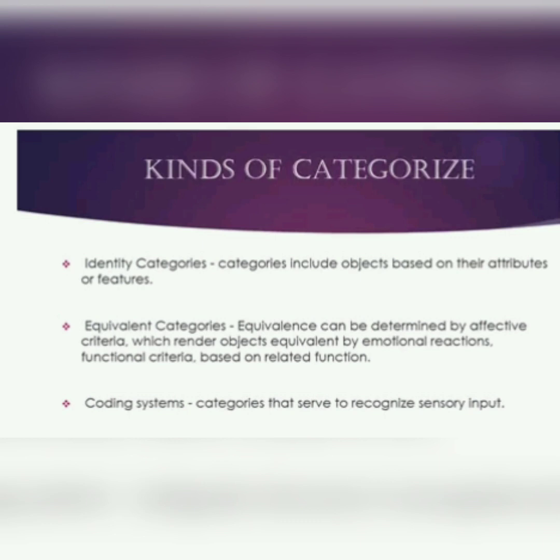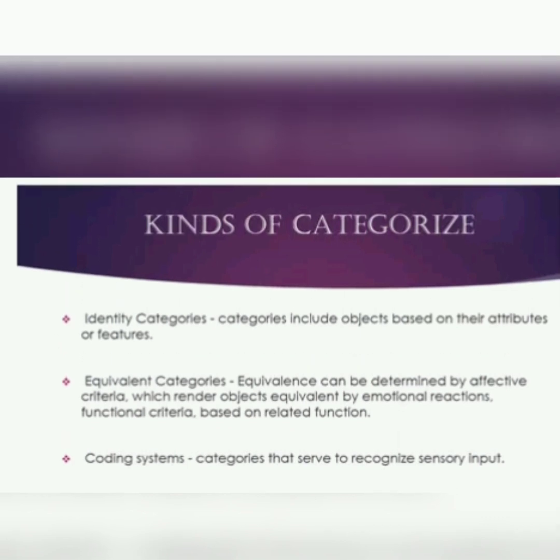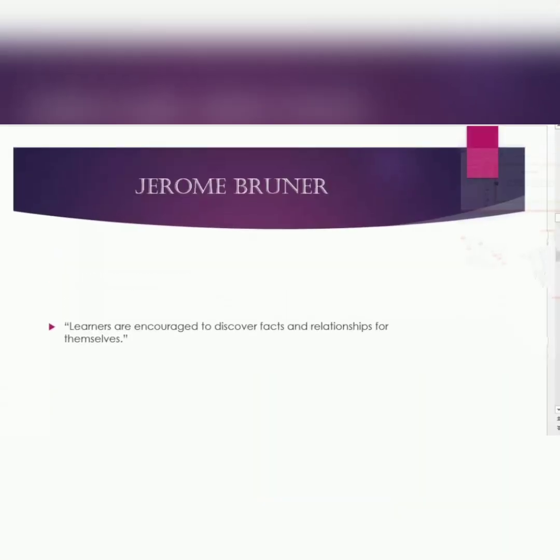Equivalent category consists of factors between the involved categories. Coding systems are used to present letters or numbers in transmitting messages. From Bruner, learners are encouraged to discover facts and relationships for themselves.